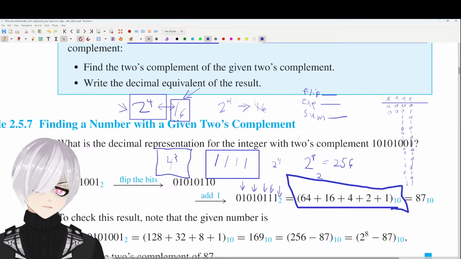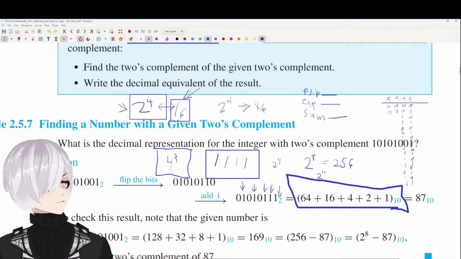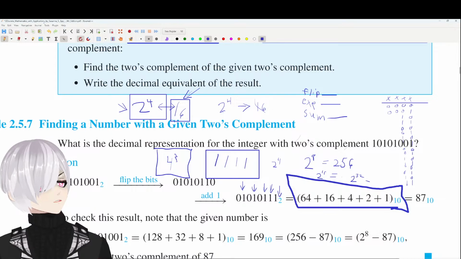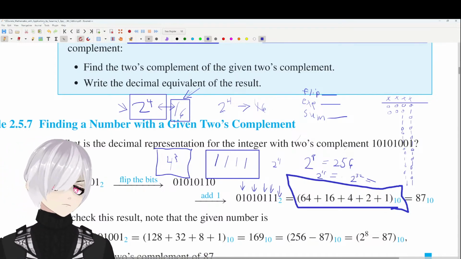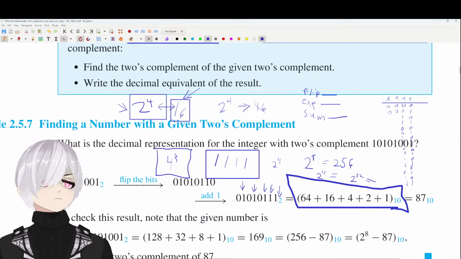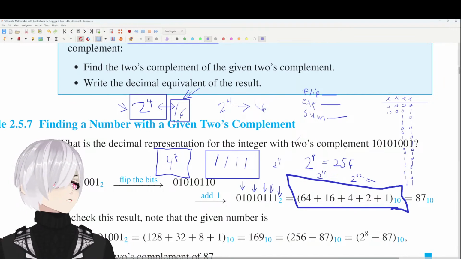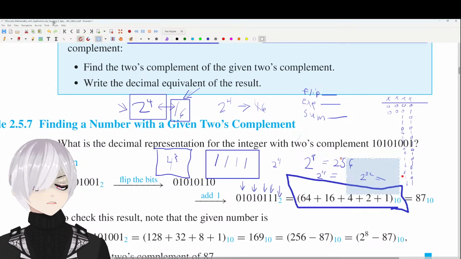Yeah, 256. So we have 256 possibilities for what we could represent with 8 bits. And interesting fact, I guess we could represent any number from 0 to 255 using 8 bits.